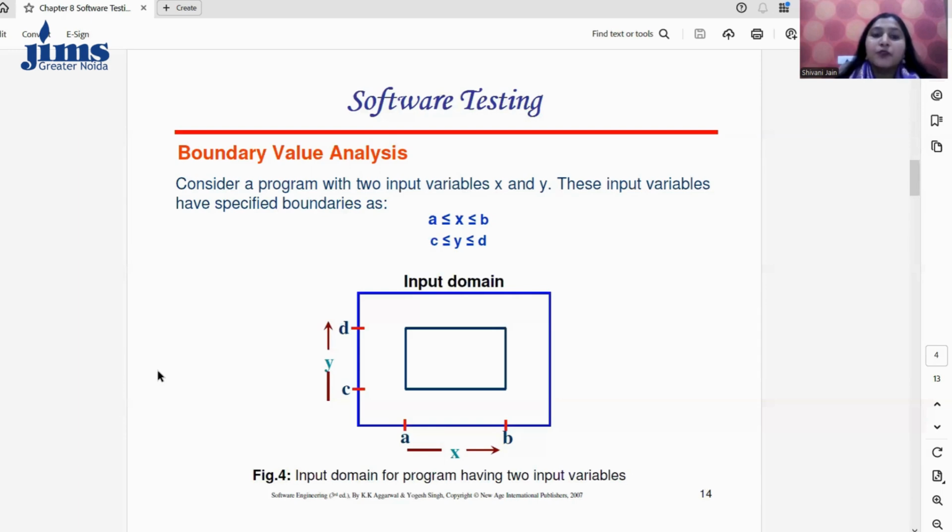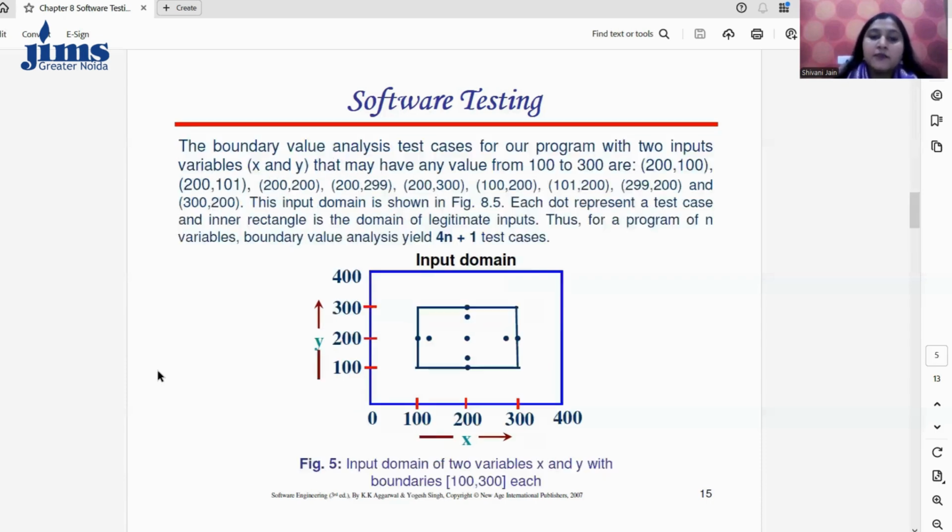Take a program that has two input variables, x and y. x has an input domain, a range of a to b, and y has a range of c to d. This is the domain or range of variables x and y, and figure 4 represents this. Let's see an example and learn how we can do boundary value analysis.